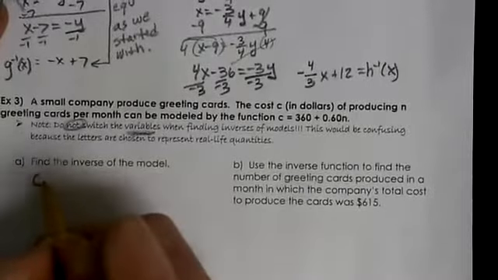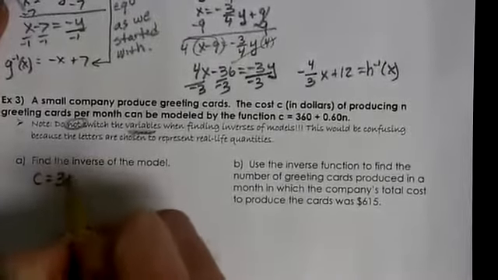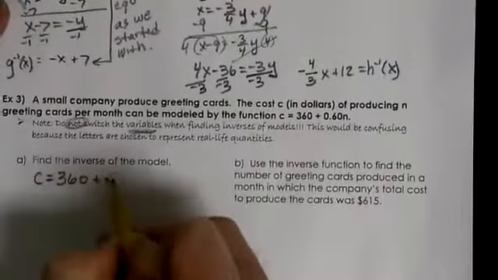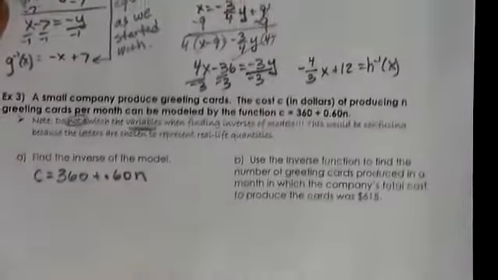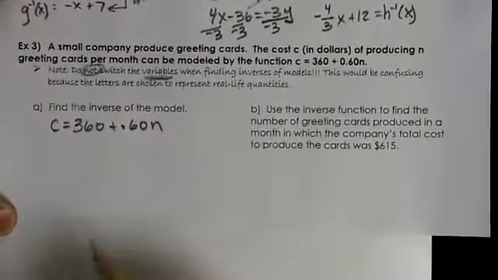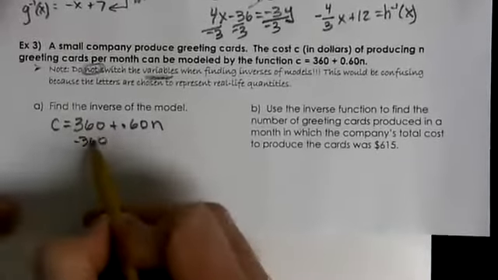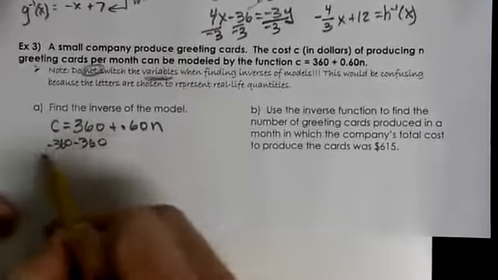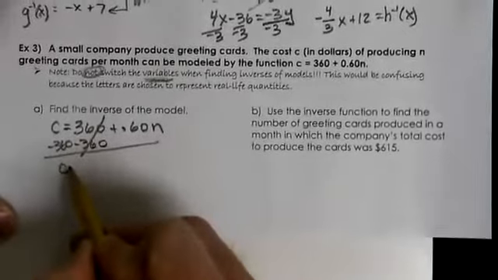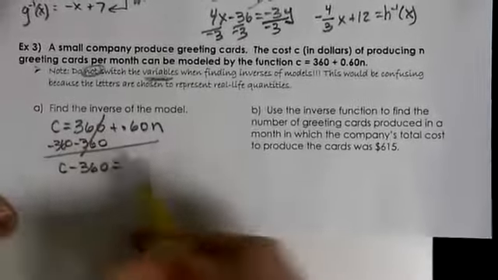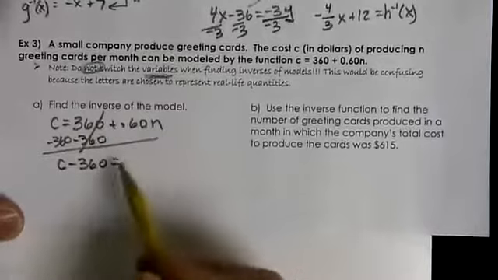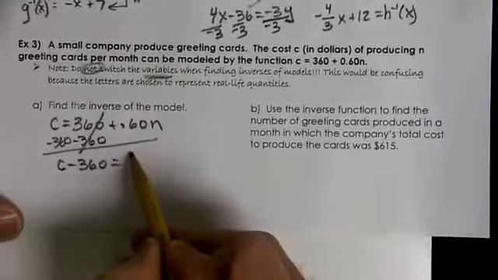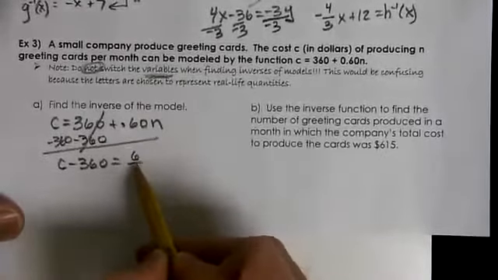So we're going to start with C equals 360 plus 0.60n. We'll minus 360 to the other side. So that C minus 360 equals 0.60n, but instead of saying 0.60, I'm going to say 6/10.